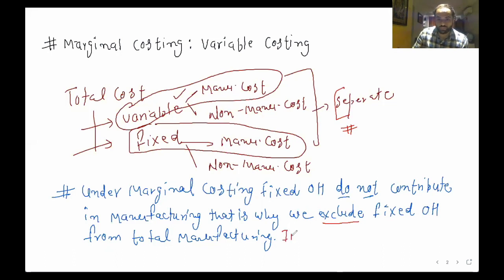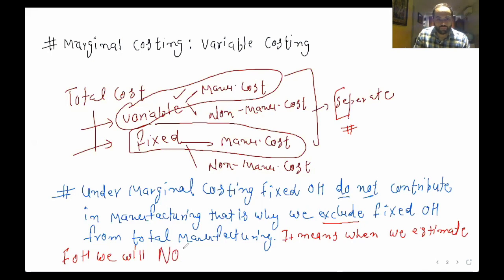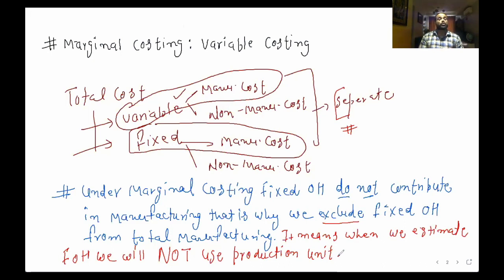It means we estimate fixed overhead, which is fixed manufacturing cost, and we will not use production units.